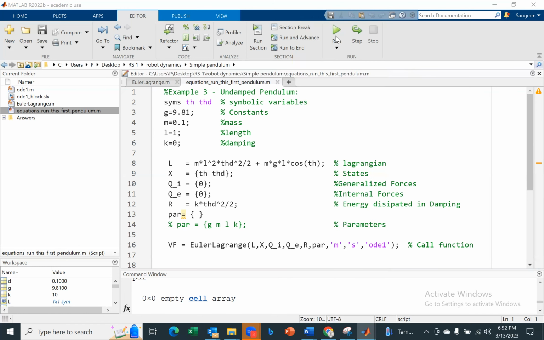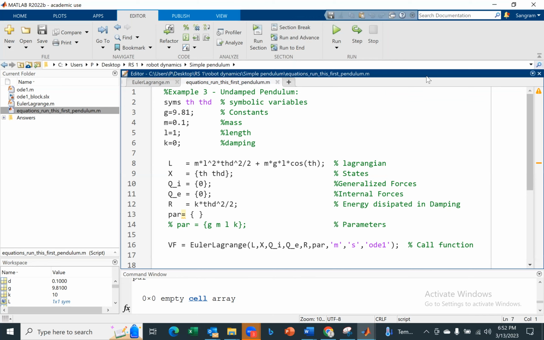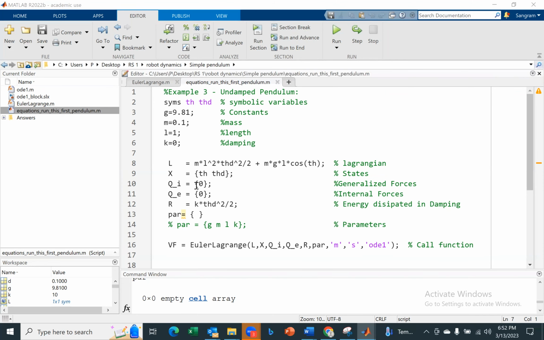Okay, now what I want you to do is please see that I have this Lagrangian. Then on the next line, which is line number 9, I have variables or the states TH and THD. It is very important that the sequence of symbolic variables should be repeated.